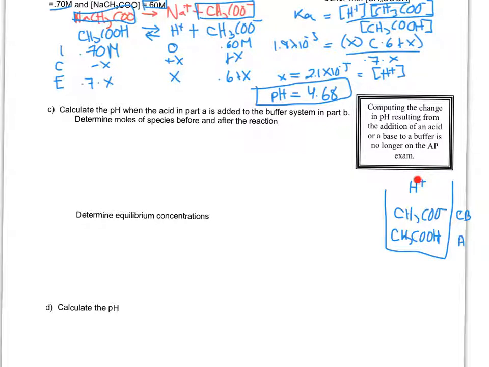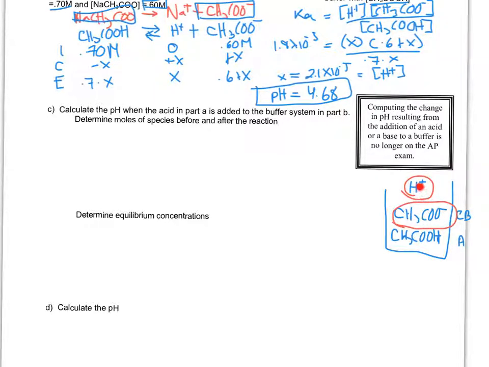Well, an acid reacts with a base. And so my H pluses are going to react with my acetate. Let's say I add some OH minuses. If I were to theoretically add OH minuses, then what would they react with? They would react with the acidic portion. So a base reacts with an acid. And in this case, I'm adding H pluses, so it's going to react with the conjugate base.